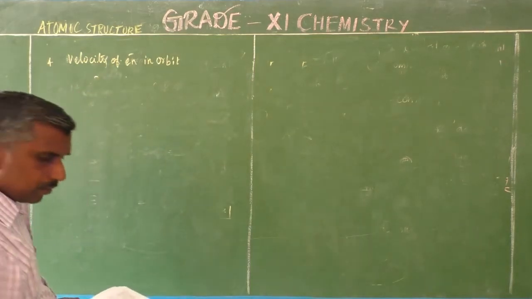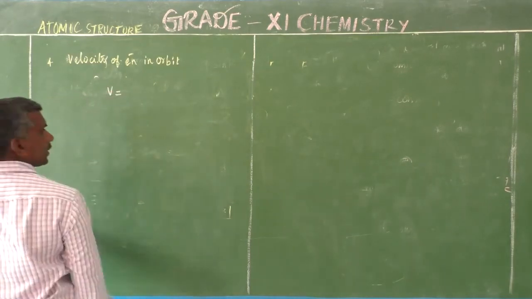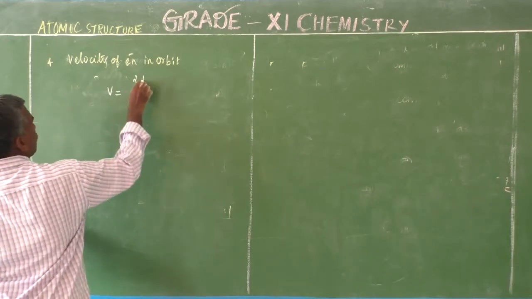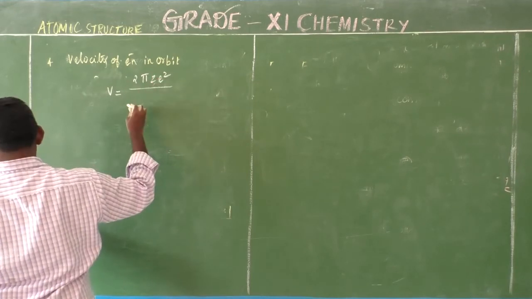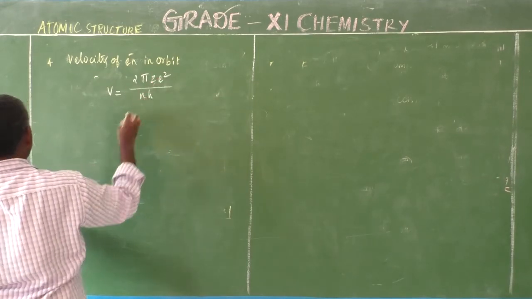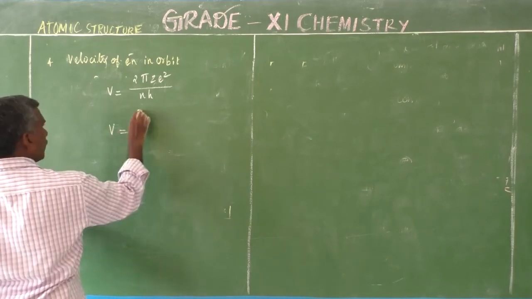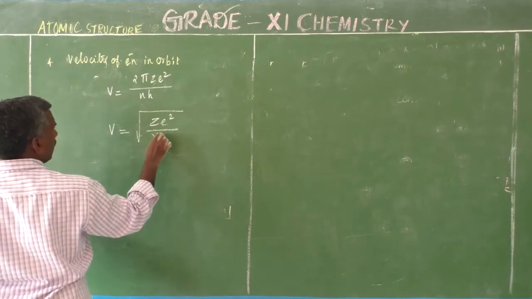Here are the formulas. This is not there in the textbook. This is an IIT-level question. V is equal to 2 pi Z e squared by nh. The second formula: V is equal to square root of Z e squared by m r.